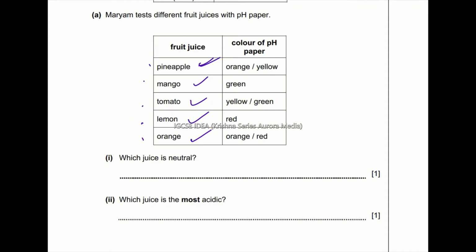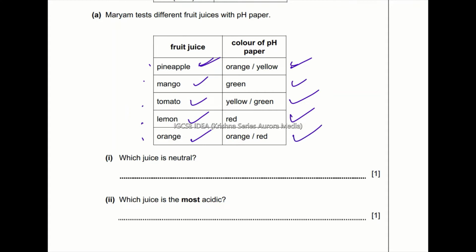When the pH paper comes in contact with pineapple juice, it turns orange or yellow, something in between. With mango, it turns green. With tomato, it turns yellow or green in between. In lemon, it turns red.